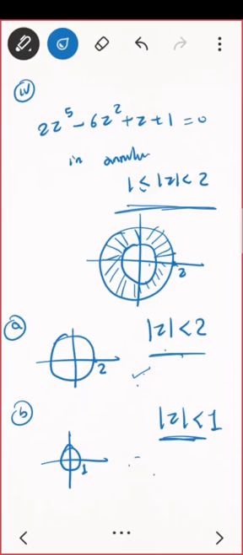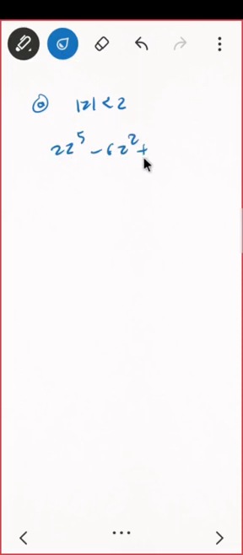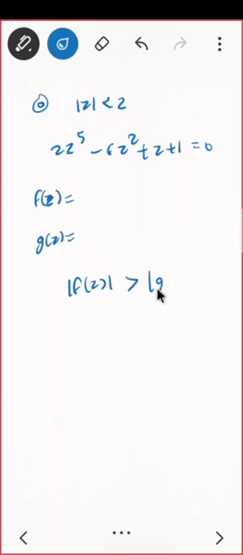So let us see the first one, mod z less than 2. What is the function given? That is 2z raised to 5 minus 6z square plus z plus 1. Can you give me f of z and g of z such that mod f of z is greater than mod g of z? Again, I told you the trick.